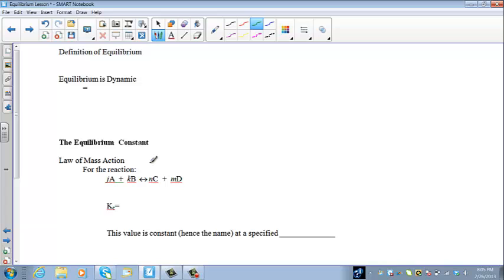Okay, definition of equilibrium. Well, I just told you. Let's sum it up now. The rate of the forward reaction is equal to the rate of the reverse reaction.